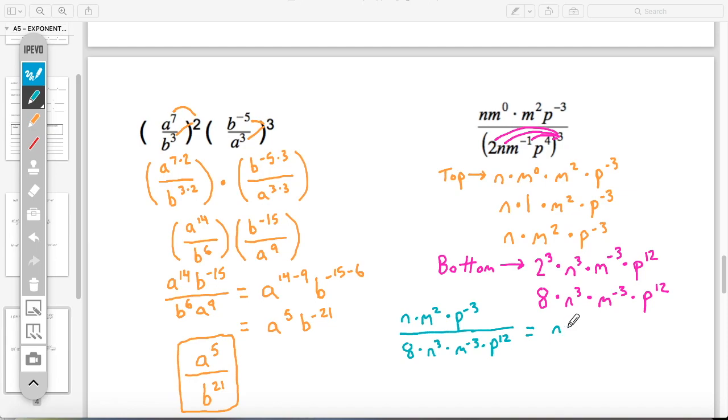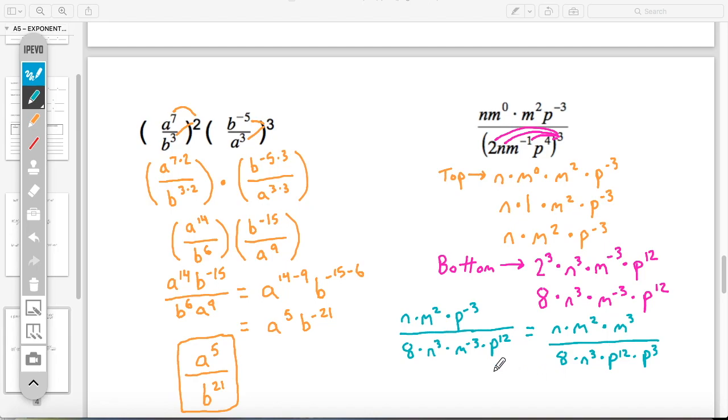So I have n times m squared times m cubed divided by 8 times n cubed times p to the 12th times p cubed.